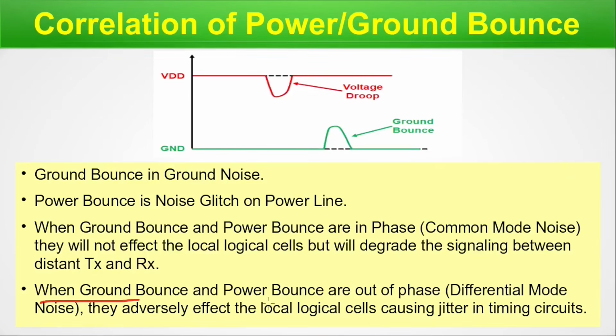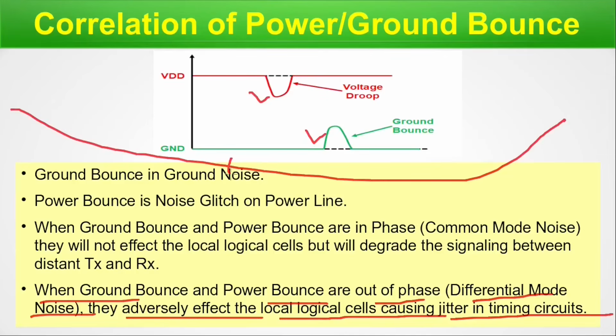When ground bounce and power bounce are out of phase, it is differential mode noise. They adversely affect the local logic cells, causing jitter in timing circuits. When these two are not in the same phase, they will impact the local logic cells that may be in the path.